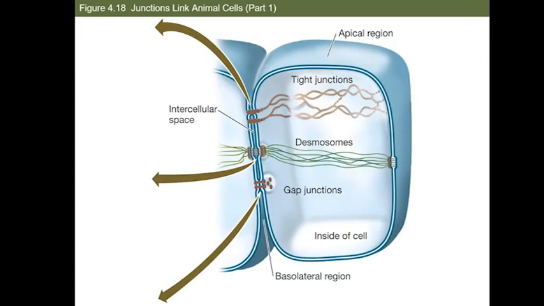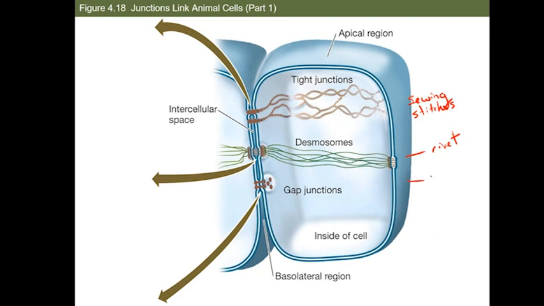So here we have our tight junctions, like sewing stitches. Desmosomes. This is more like a rivet. It keeps it together but allows stuff to go through.